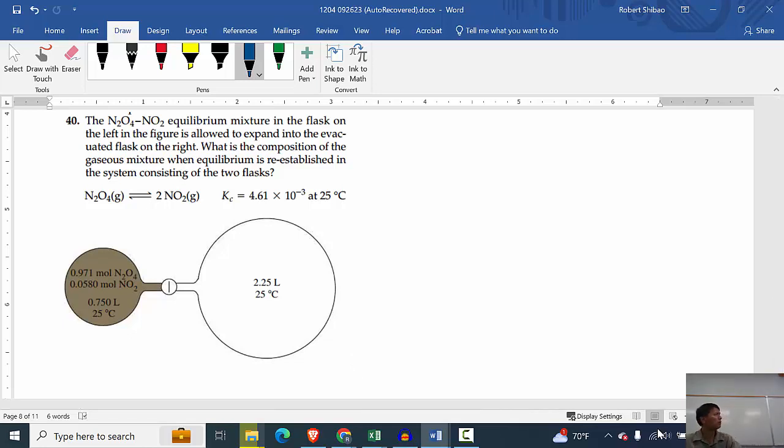The K is small, so N2O4 is more favored at 25 degrees C. What would happen if I increase the temperature at constant pressure? Yeah, NO2 will become more favored. You're breaking bonds, so it's endothermic in the forward direction.